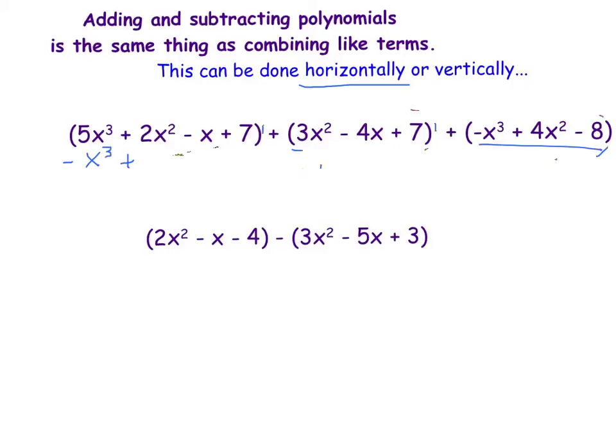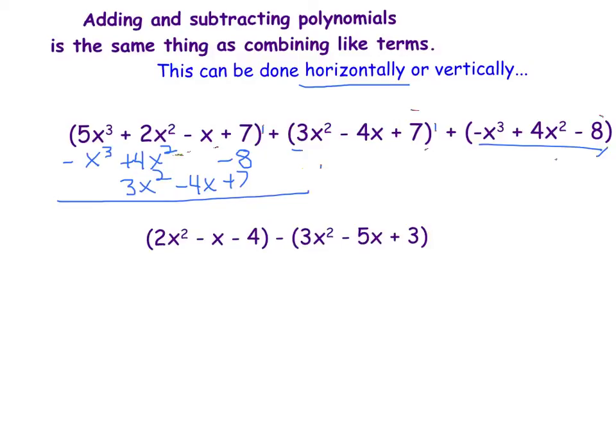So I'm going to just rewrite lining up the like terms like we did when we were solving systems by combination. Now I'm going to go to my second term, 3x squared minus 4x plus 7. And then add in columns.